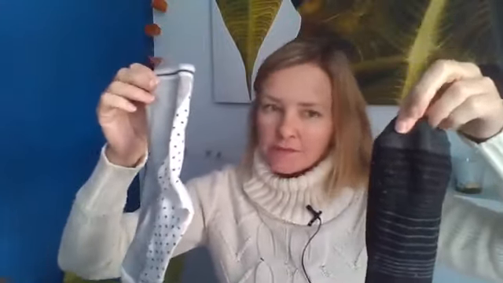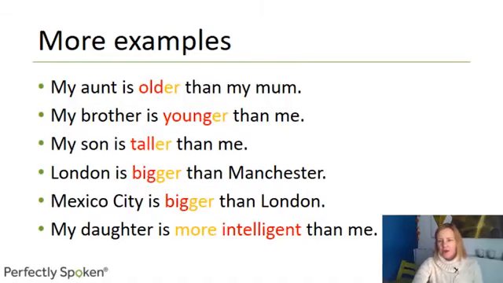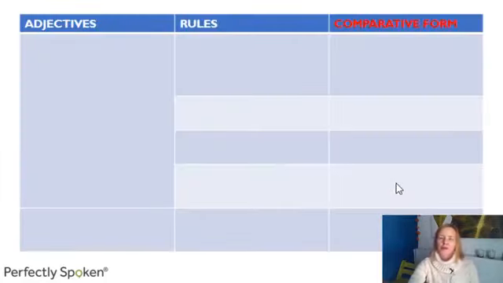And last one, you see what these are? Can you see? Don't worry, they are clean. And this sock is smaller than this sock, and this sock is bigger than this sock. Okay, so making comparisons.